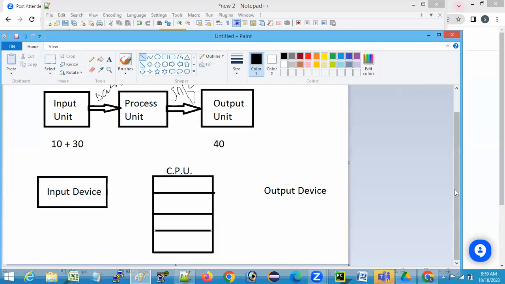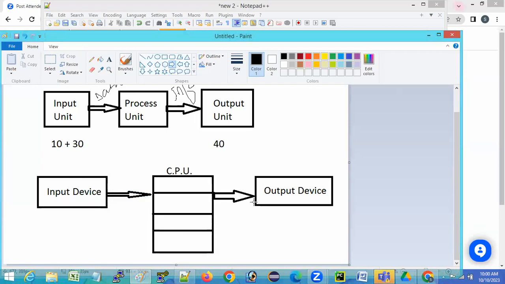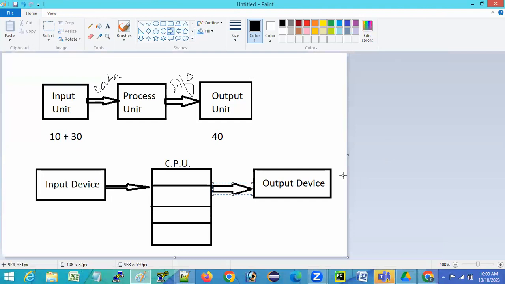And memory is again divided, I'll come back to this. And this is the output device. Now, this has connections like this, right? And this is like this.